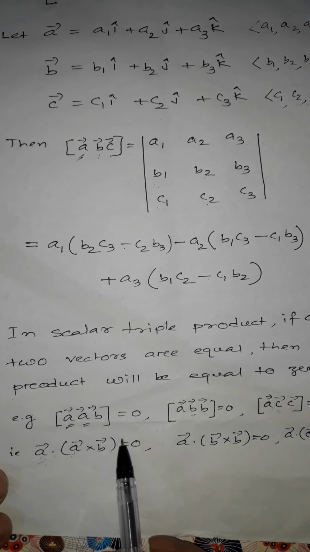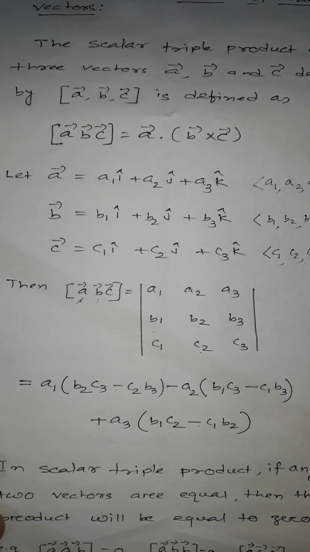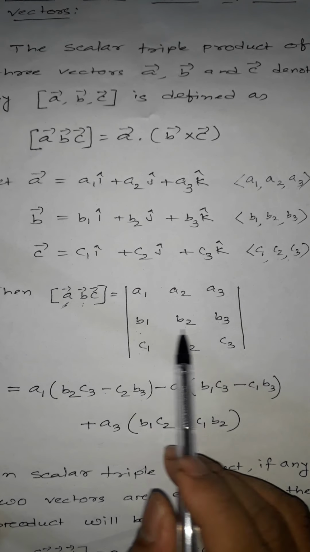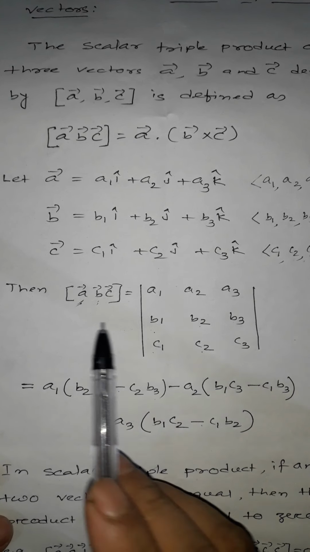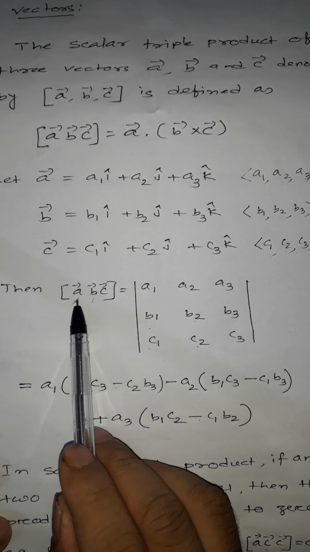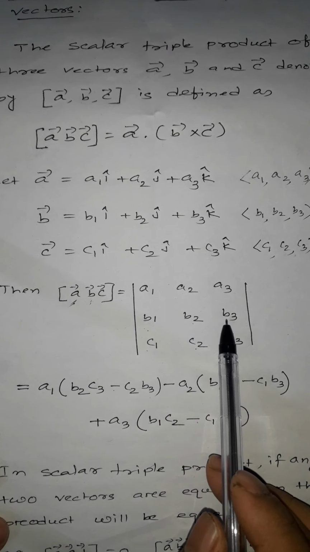Why is the scalar triple product 0 if two vectors are equal? If two vectors are equal, then two rows in the determinant will be identical. For example, if we take the first and second vector both A, then the first row and the second row will be identical.